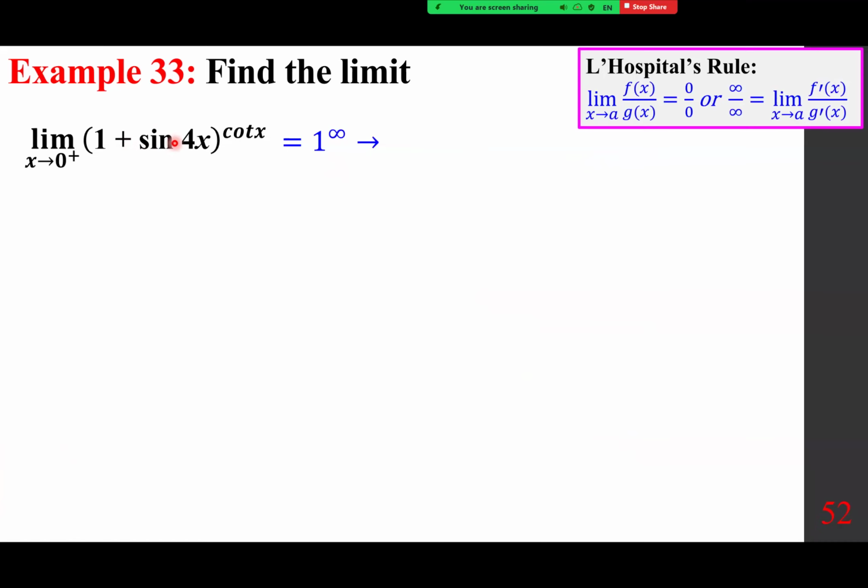Because the base and the exponent are both functions, I'm going to take a natural log. This is one way to do that. So let y represent this expression.